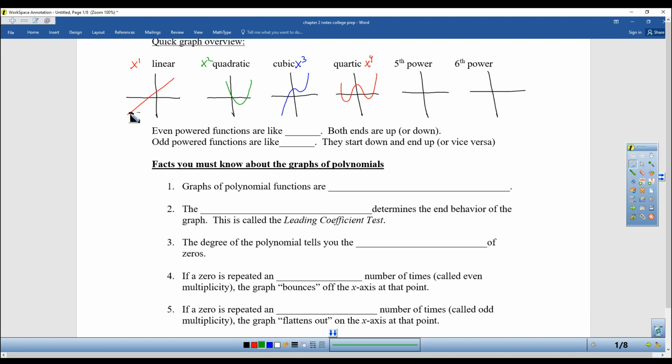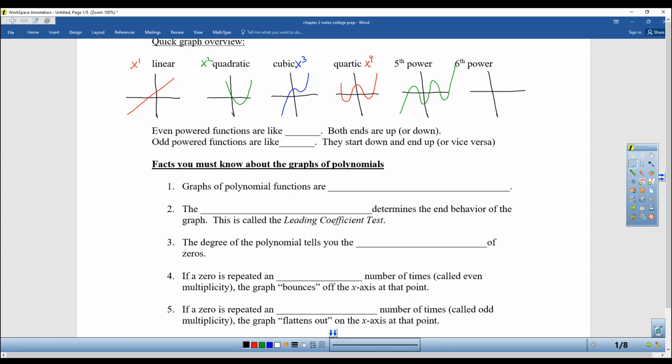Look, linear has just one direction. A quadratic is to the second power and it has two directions, down and then up. A cubic has, see the power is three, directions up, down, up. Quartic has four: down, up, down, up. So you can probably guess fifth is going to go up, then down, then up, then down, then up. 1, 2, 3, 4, 5 directions.